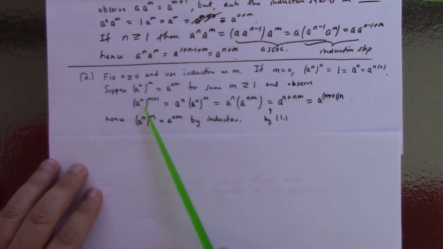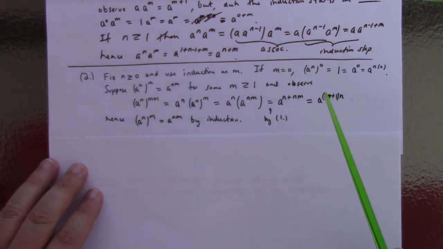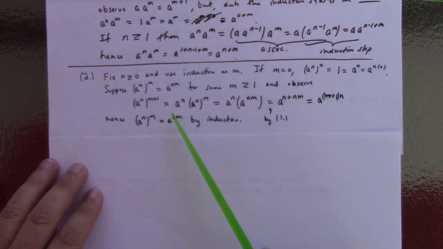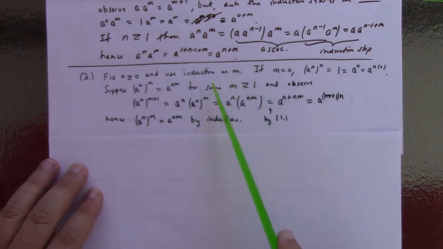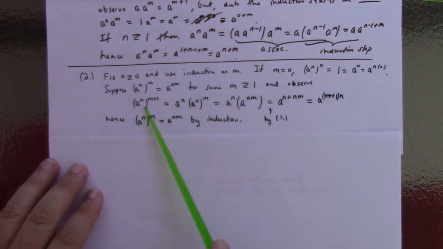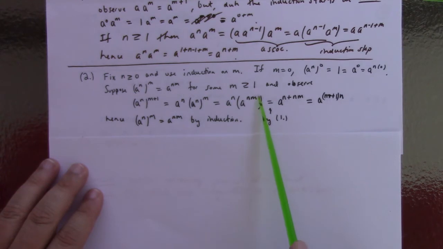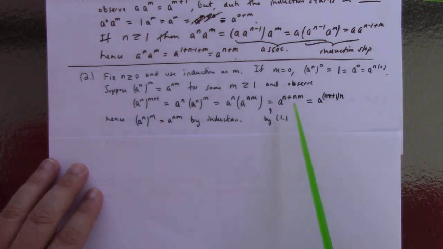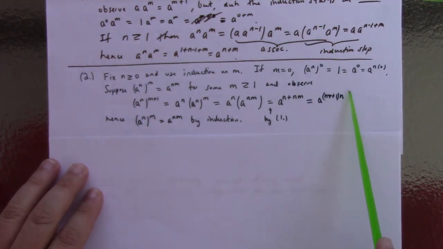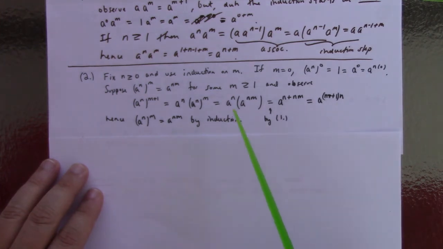It seems like Nicholson usually assumes n minus 1 is true and then proves it for n. My habit is to assume it for n and show n plus 1, in this case m plus 1. But anyway, this would be, by definition, that, which would be, by inductive hypothesis, this, which would be that by part 1. And then that's (m plus 1)n, so there you go, by induction.